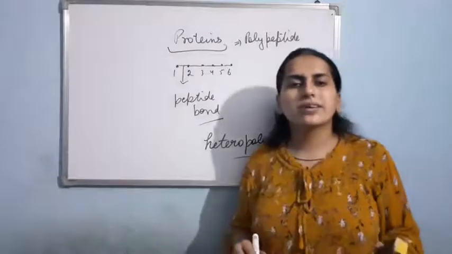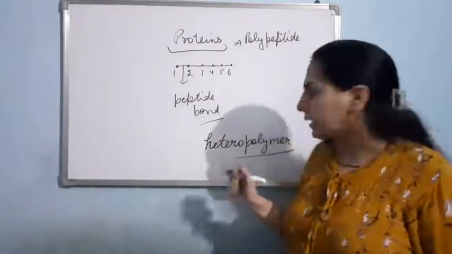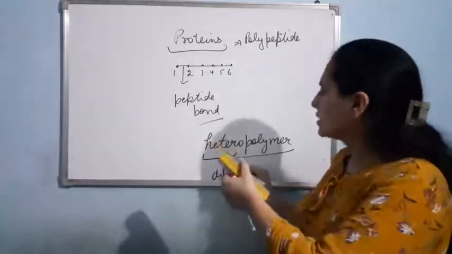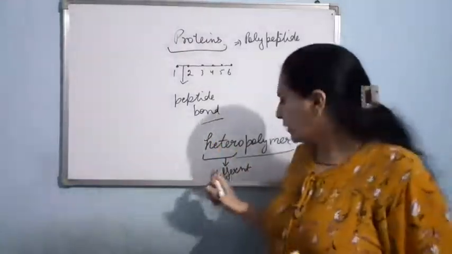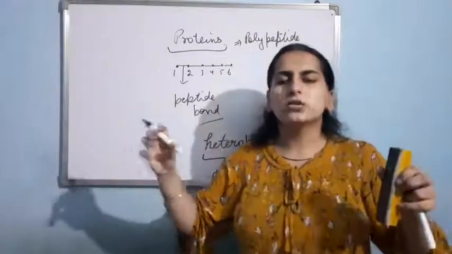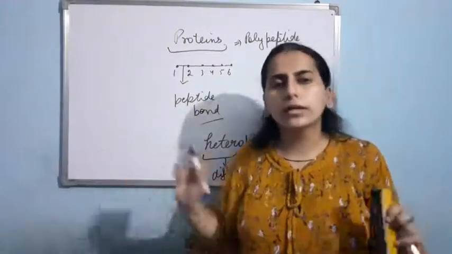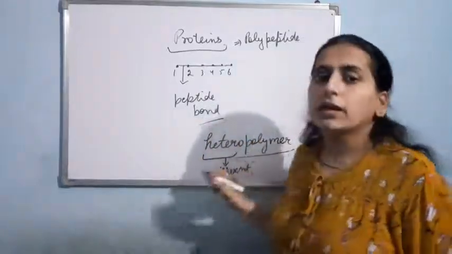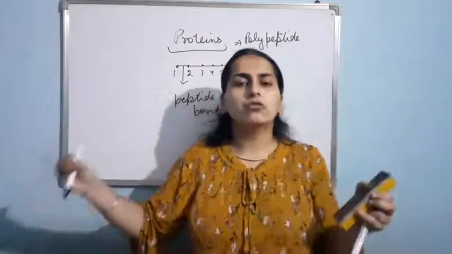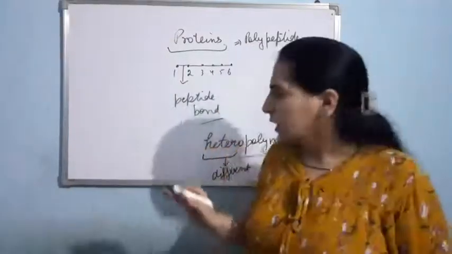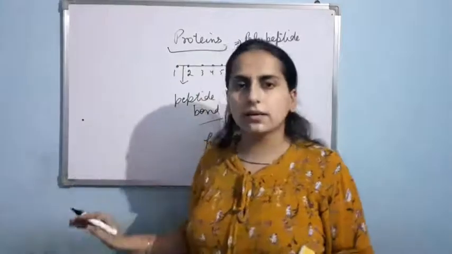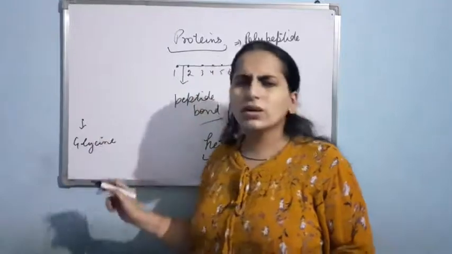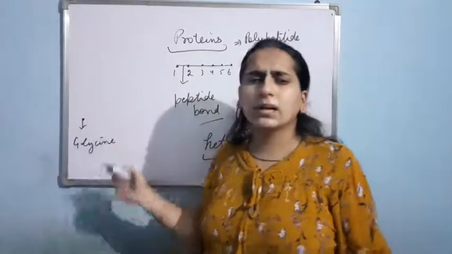Now here comes the question, what is the meaning of heteropolymer? Hetero means different. As you can see, protein is a polymer. It is made up of amino acids. So many amino acids, known as the monomers, will join to form the protein. So protein is a polymer. Now protein is a heteropolymer, meaning the different monomers that are joining need not be the same. Suppose one amino acid is glycine, then it is not necessary that the second amino acid will be glycine only.